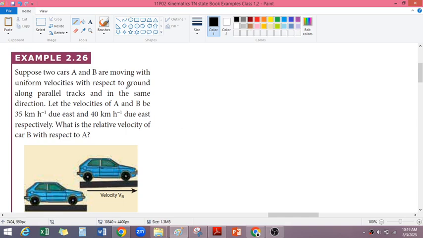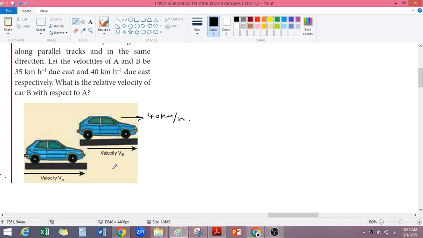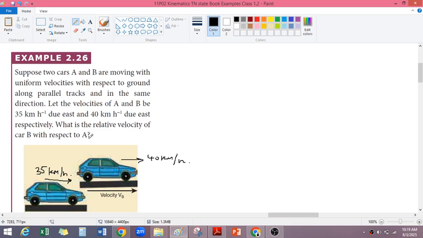Two cars A and B move with respect to the ground along parallel tracks in the same direction, at velocities of 35 km per hour and 40 km per hour. So this is 40 km per hour and this is 35 km per hour, due east.